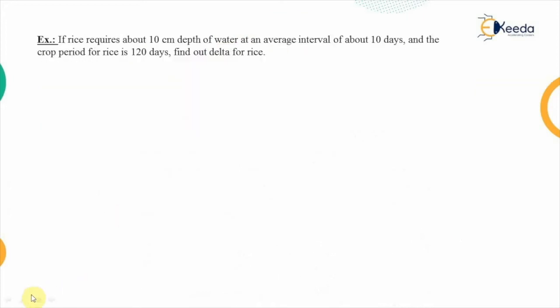So if we look at the problem, it is saying that the rice crop requires 10 centimeter depth of water at an average interval of about 10 days, and the crop period for the rice is 120 days.